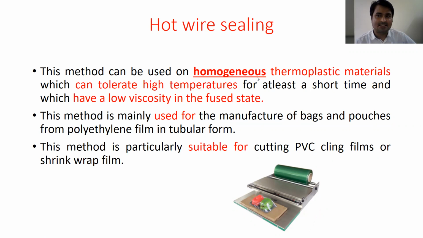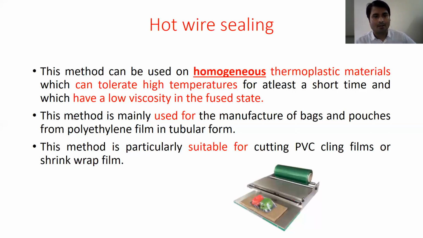Because whatever temperature we are applying for melting, if the film is made up of the same thermoplastic, it may melt easily and it can tolerate high temperature, and the material should have low viscosity in the fused state. These are the properties needed if we are using hot wire sealing.